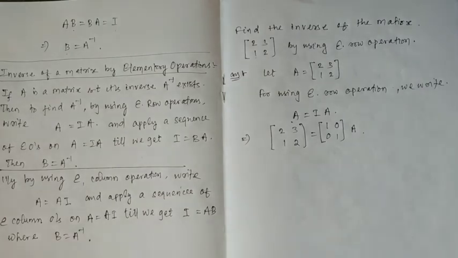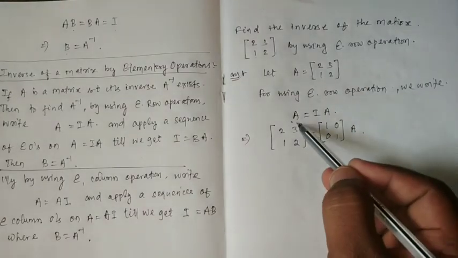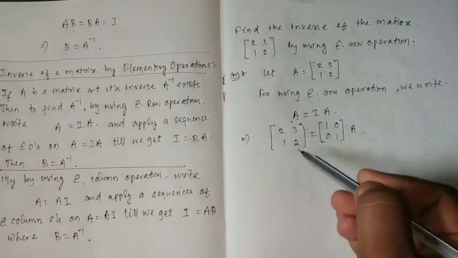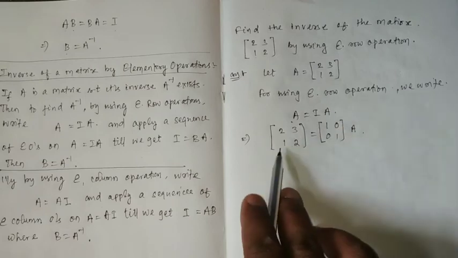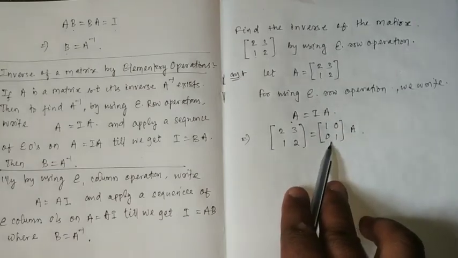Now we apply row operations to convert this matrix to an identity matrix, and the same operations should be applied to the unit matrix.